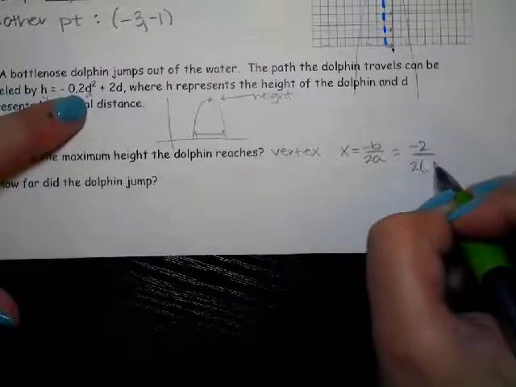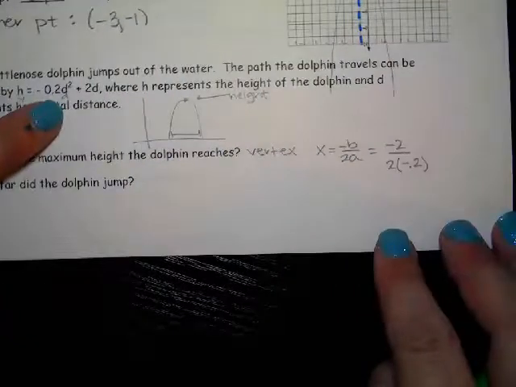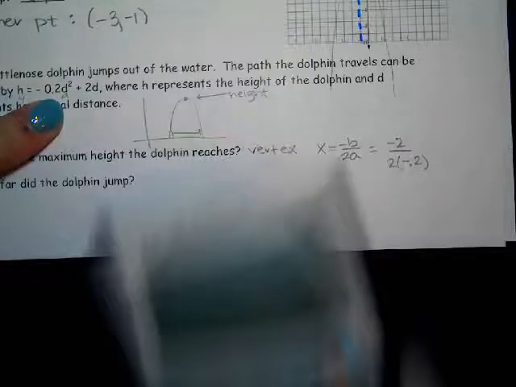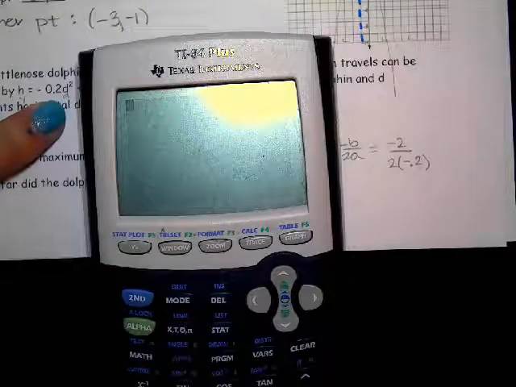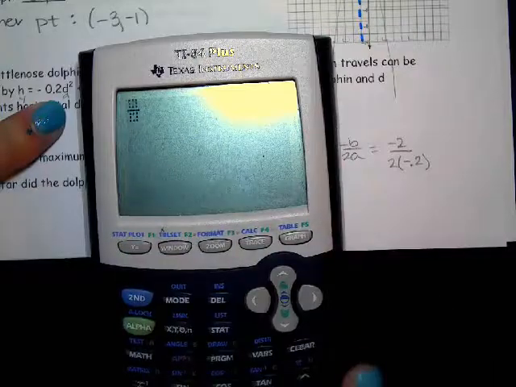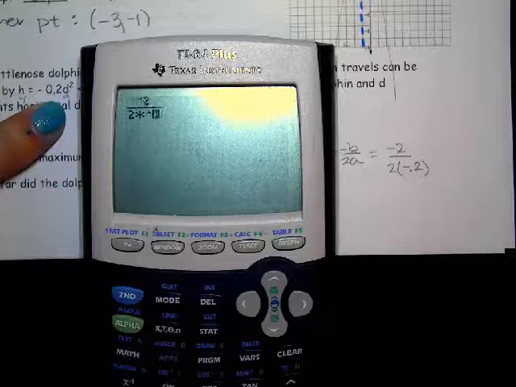Okay, so I'm going to do negative 2 divided by 2 times negative 0.2. 5. Oh. 5. Okay. So we have an x-coordinate of 5.